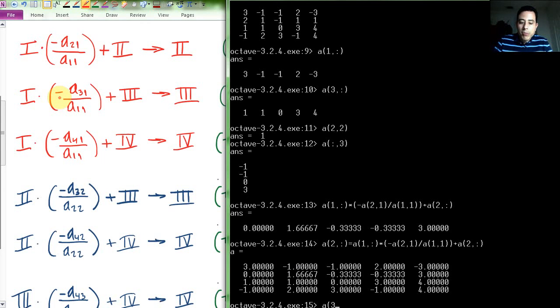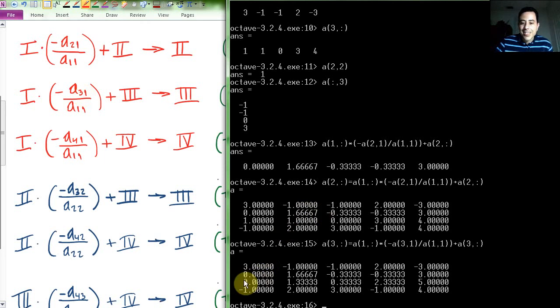So let's do the second operation here. We put that in row 3. So it's row 1 times the opposite of A31. See, I'm copying right here. Row 1 times negative A31 divided by A11, close parenthesis, plus row 3.